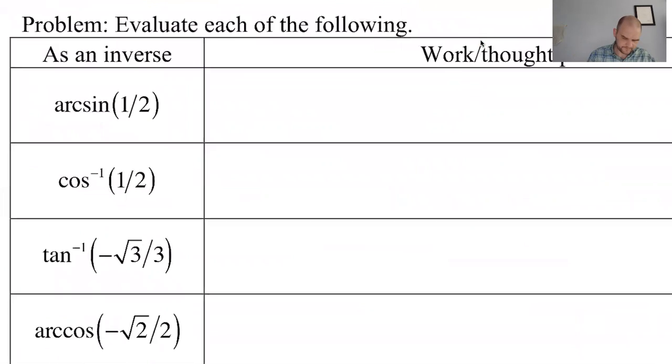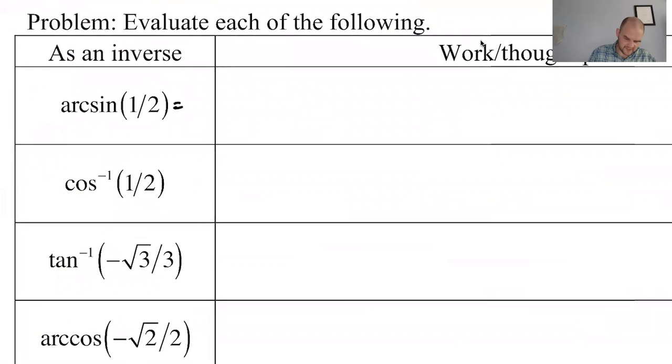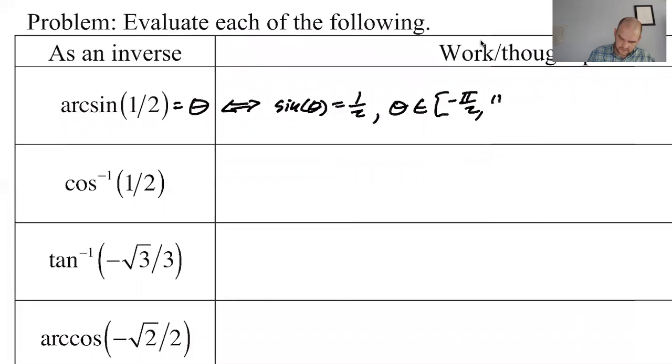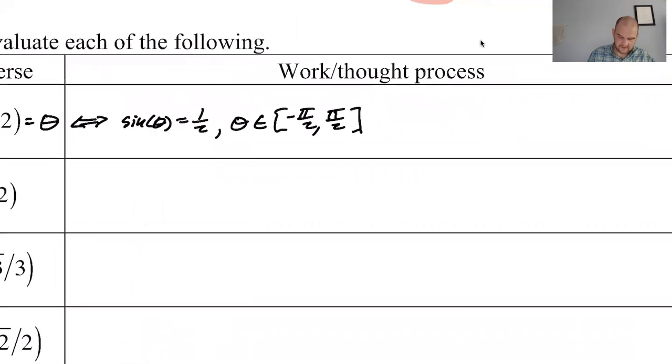So here, what I usually do is I immediately say equals theta or equals something. So this is equivalent to saying that the sine of theta is 1/2, where theta is an element of -pi/2 to pi/2. That's what it's saying, like find theta. Those are equivalent.